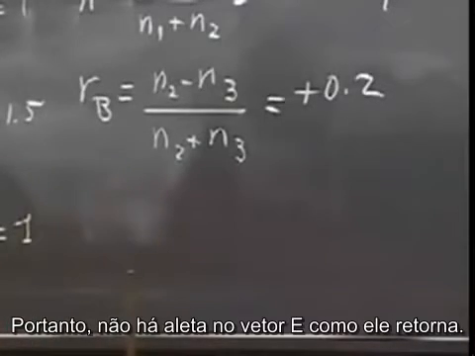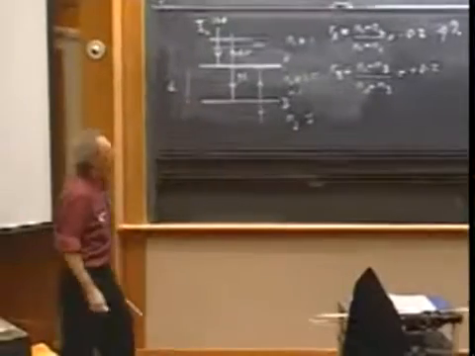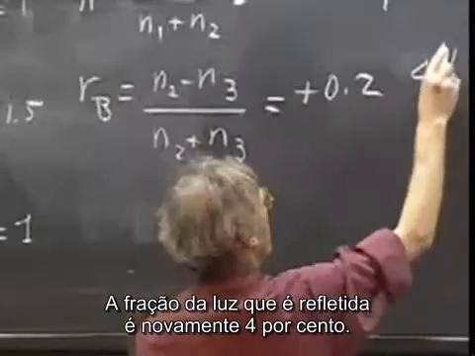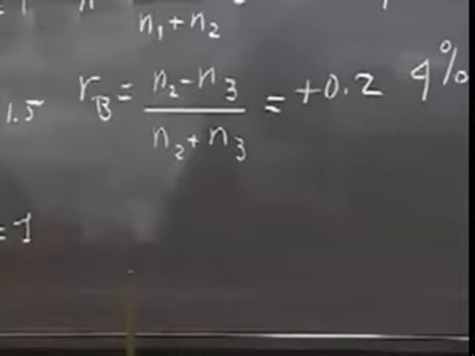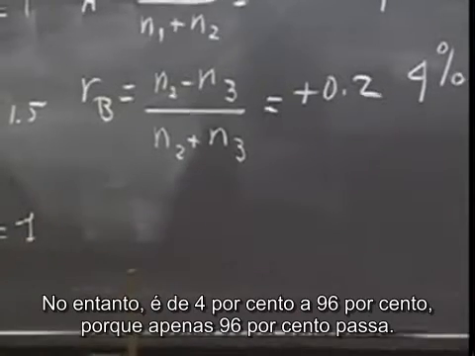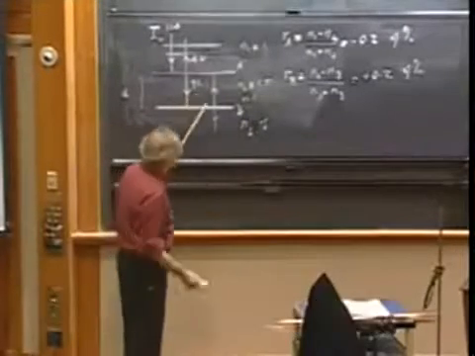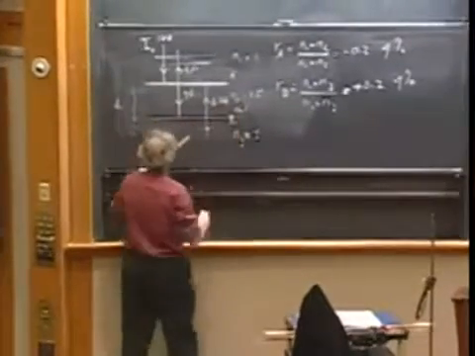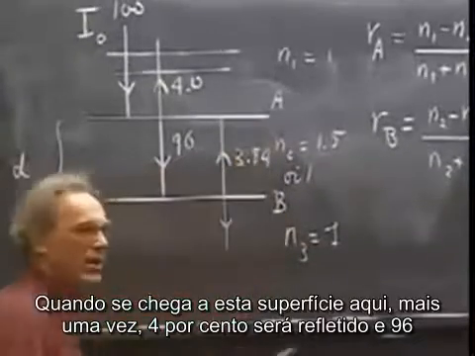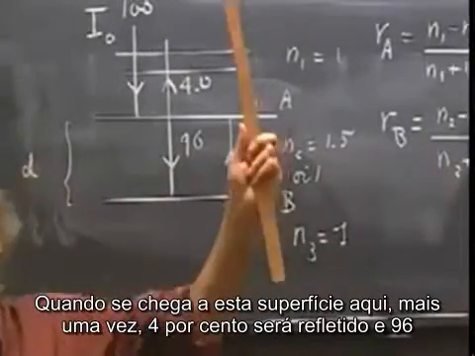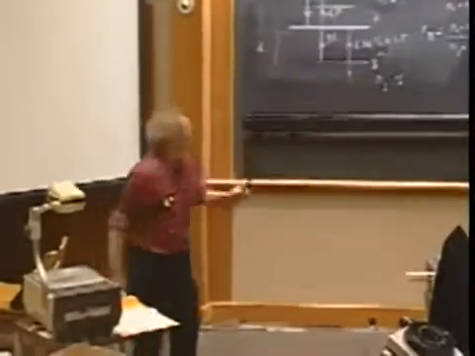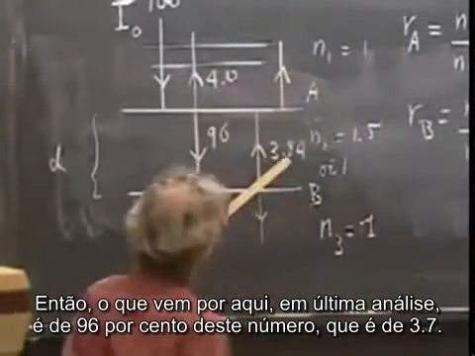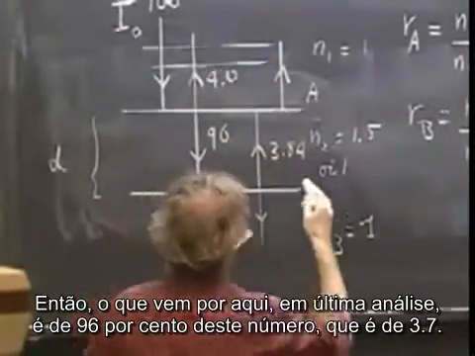So there is no flip in the E vector as it returns. And the fraction of the light that is reflected is again 4%. However, it is 4% of the 96%, because only 96% goes through. And 4% of 96% is 3.84. When it reaches this surface here, again 4% will be reflected, and 96% will go through. So what comes out here then ultimately is 96% of this number, which is 3.7.